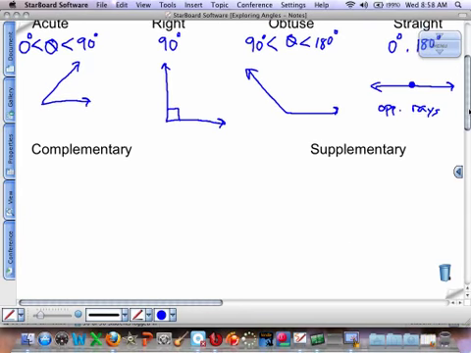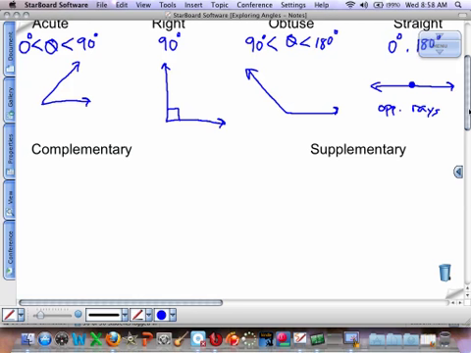Courtney, explain to me what complementary angles are. Don't forget, you're going to have to pay attention from this point. Hey, Danny, what about you?